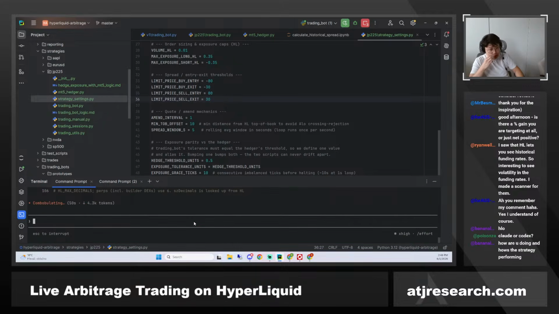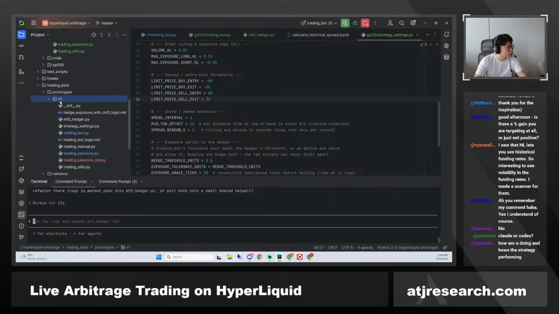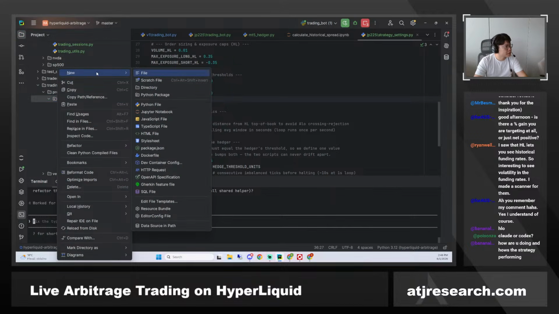And then also today I need to provide some risk settings for the margin. I'm just gonna write a to-do file here so I don't forget.